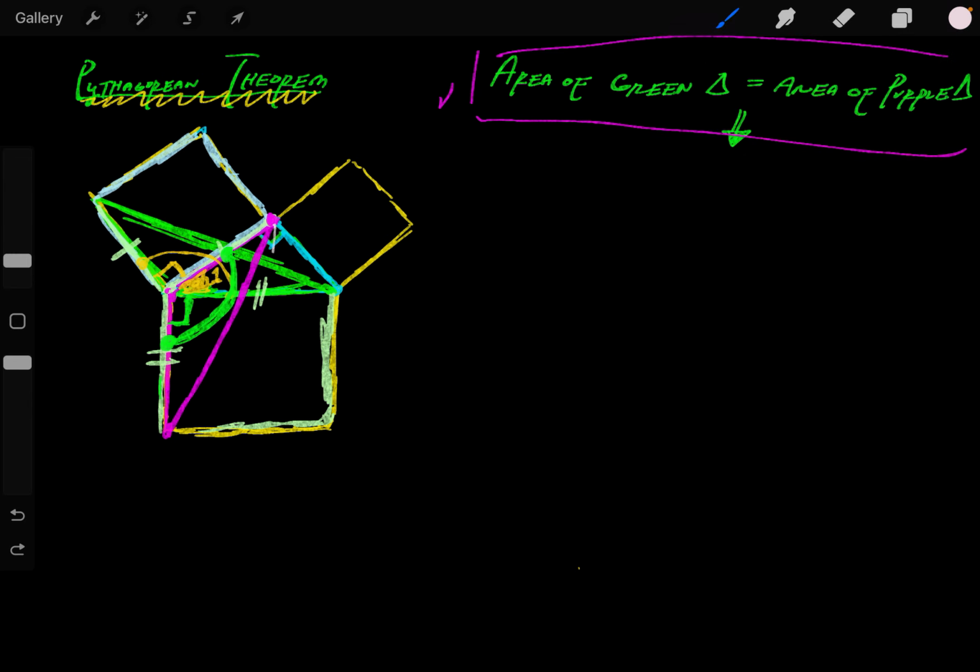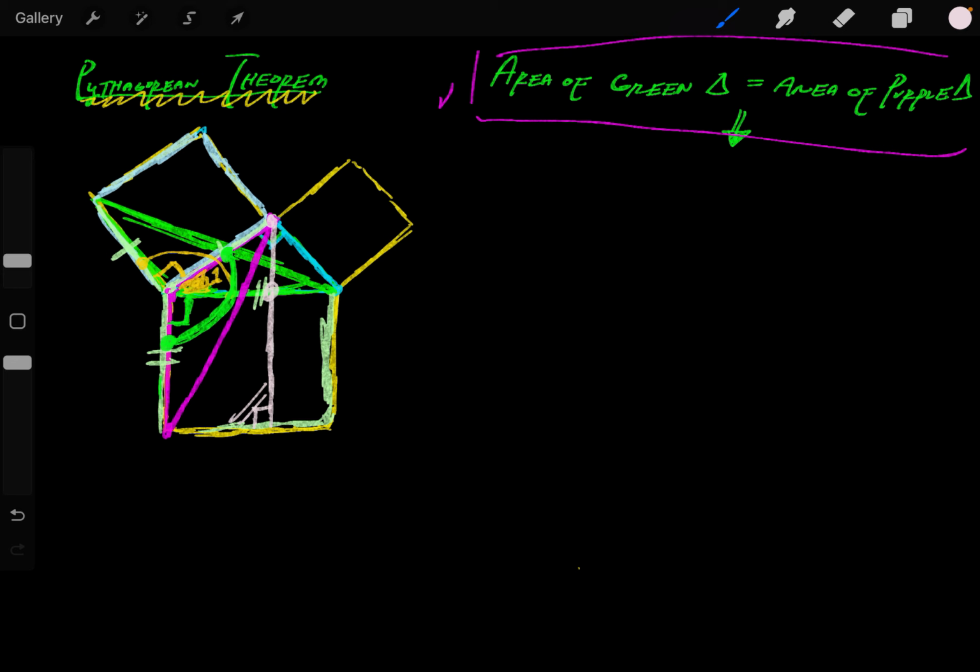Yeah, okay. So this line here going down, such that this forms a 90-degree angle. So from that point going down, what you'll see is that we have a rectangle right here.